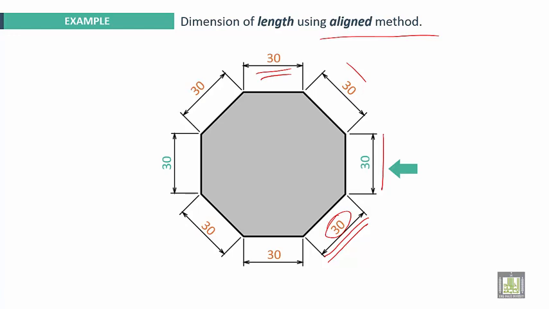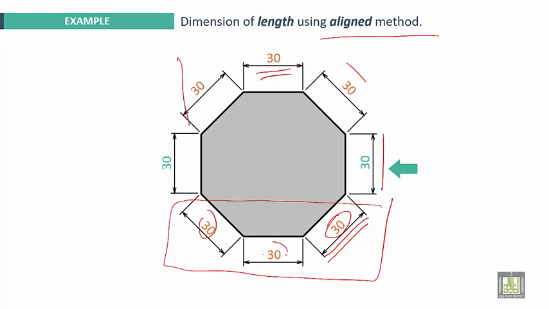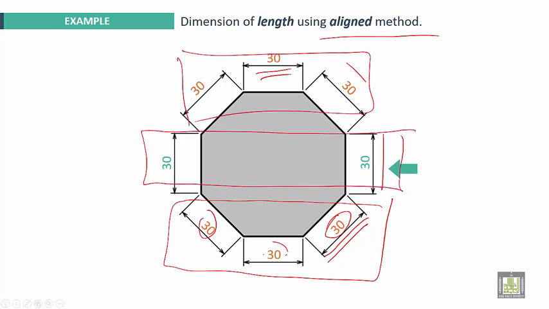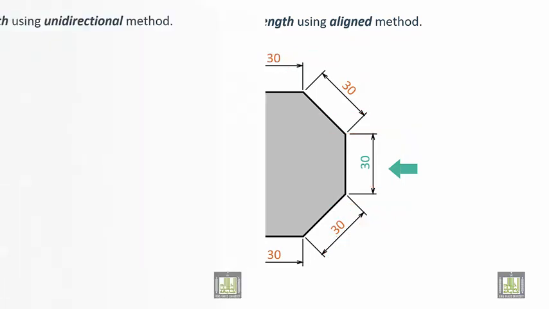And be careful here. You can remark that down here, all numbers are above the dimension lines. Here too. But here in the middle, all numbers are at the left of the dimension lines.